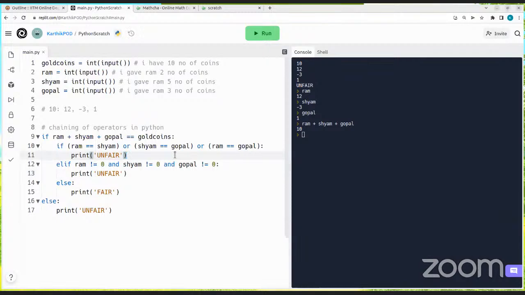If all of them are non-zero, then 13 should print fair, I think, because they're all non-zero. Correct. 10, 12 minus 3, 1. Okay, so what happens to this?